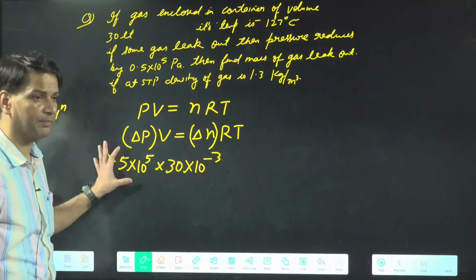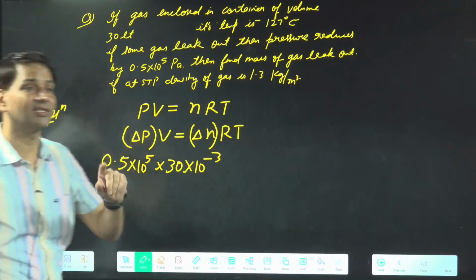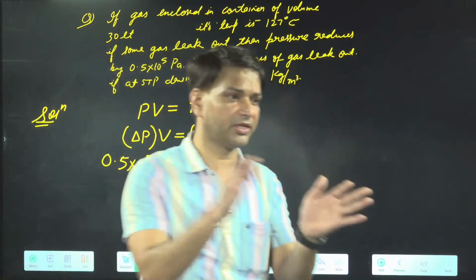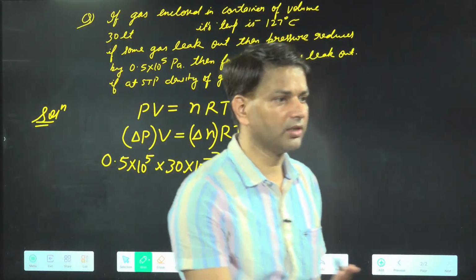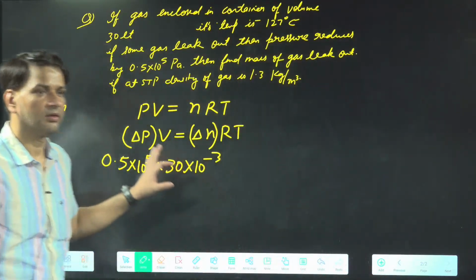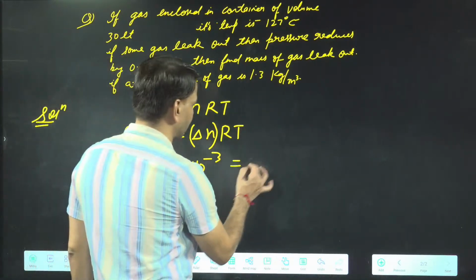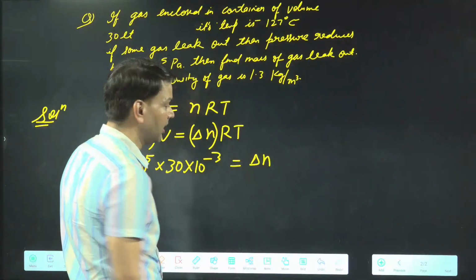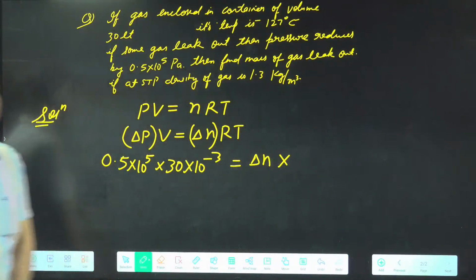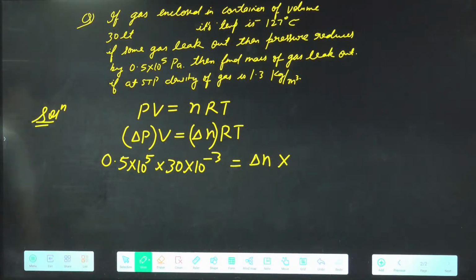So ΔP into V. Everybody knows the conversion from liter to meter cube? Okay. So ΔP into V is equal to Δn, that I want to find. What R value will we take?